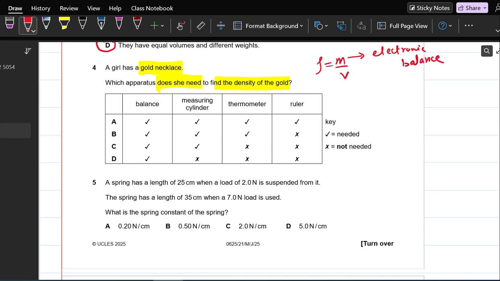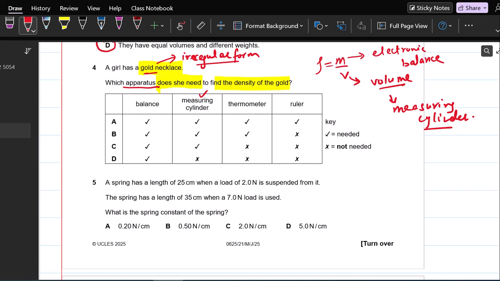For volume you can use a micrometer or a meter rule. Sorry, for volume we can use a meter rule as well, but here it is given a measuring cylinder, because gold might be in irregular form.